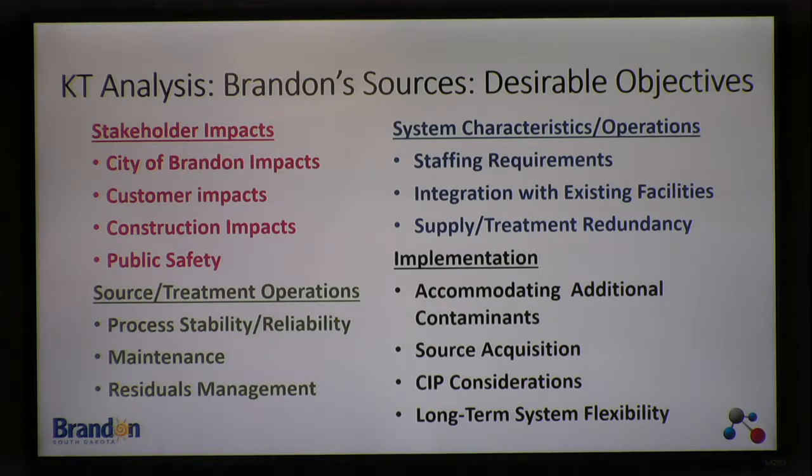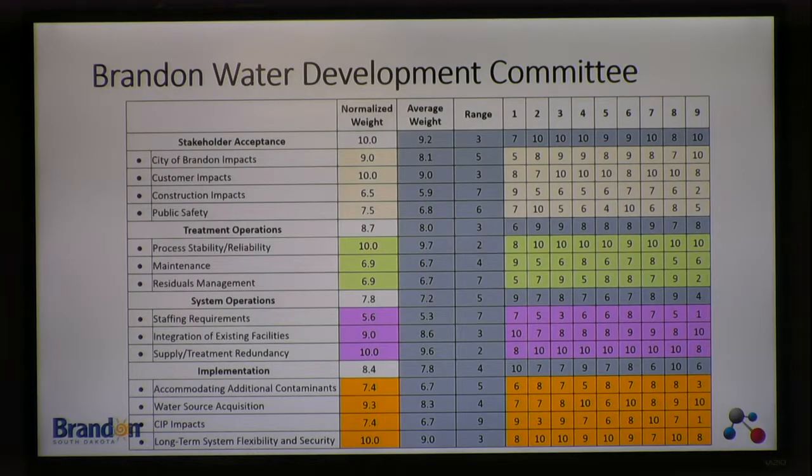Last time we were with the committee, we went through an exercise with them to understand what their weights would be on each of these topics. Each number here represents a person on the committee who submitted their weighting for each of these topics against each other. The main categories of stakeholder acceptance, treatment operations, system operations, and implementation were judged against each other. And then underneath each of these, the objectives were also judged against each other.